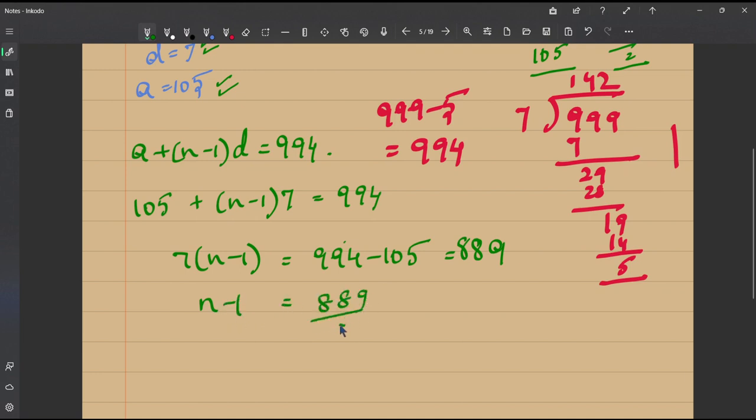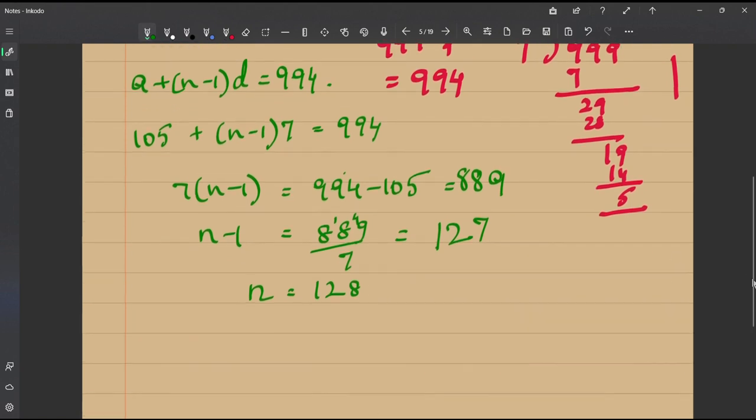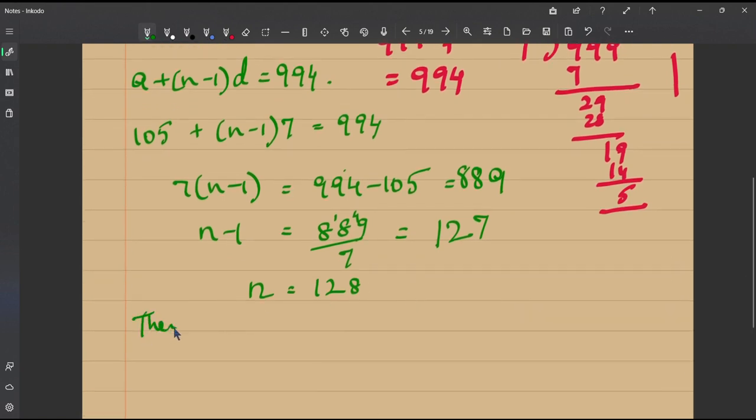We get 889 by 7, which is 127: 7 ones are 7, 7 twos are 14, 7 sevens are 49. So n minus 1 is equal to 127. So n is equal to 127 plus 1, 128. So the conclusion is there are 128 three-digit numbers which are divisible by 7.